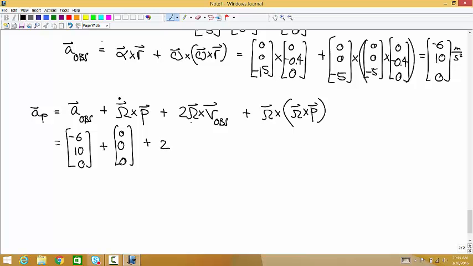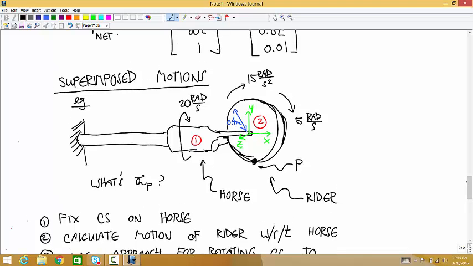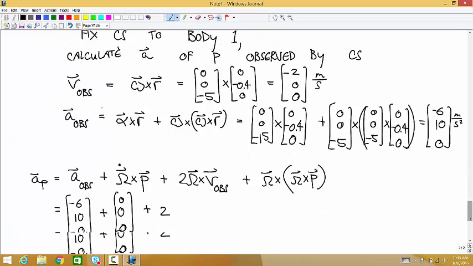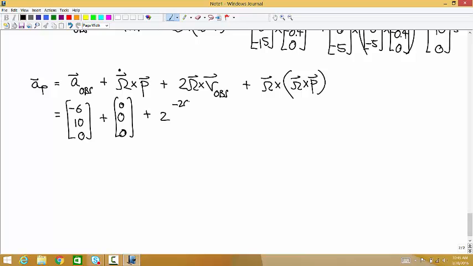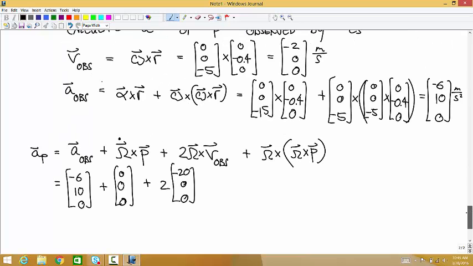Plus 2 times the angular velocity of the coordinate system. What's that? Very good. Yep, negative 20, 0, 0, crossed with the observed velocity. So that's negative 2, 0, 0.